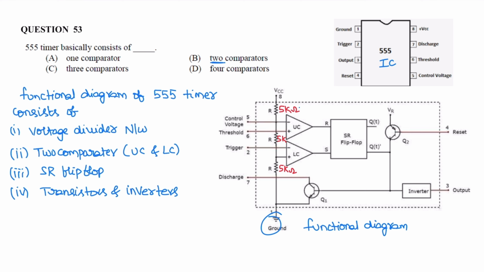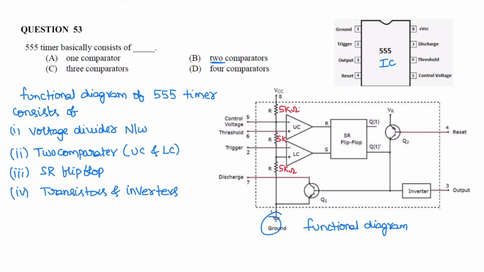The definition of the 555 timer is that it is a highly stable device for generating accurate time delays or oscillations. If we combine two 555 timers, then it will form a 556 timer. A single 555 timer can provide time delay ranging from microseconds to hours, and various applications include oscillator, pulse generator, ramp and square wave generator, monostable multivibrator, traffic light control, and voltage monitor.